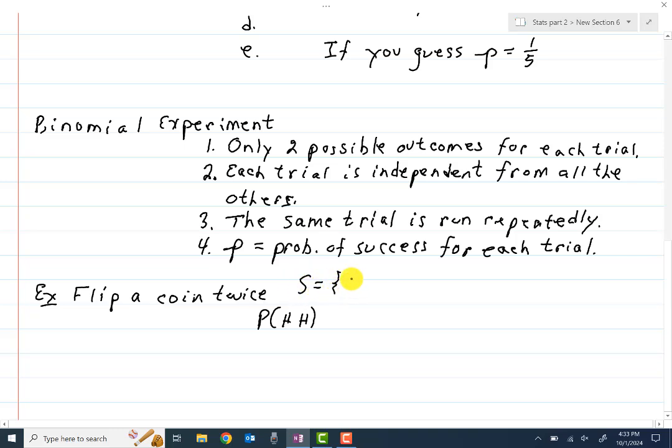And we've done this before. Heads, heads is one of the outcomes. But then we have heads, tails, tails, heads, and then finally tails, tails. So as we look at these, we can see that HH is only 1 out of 4.